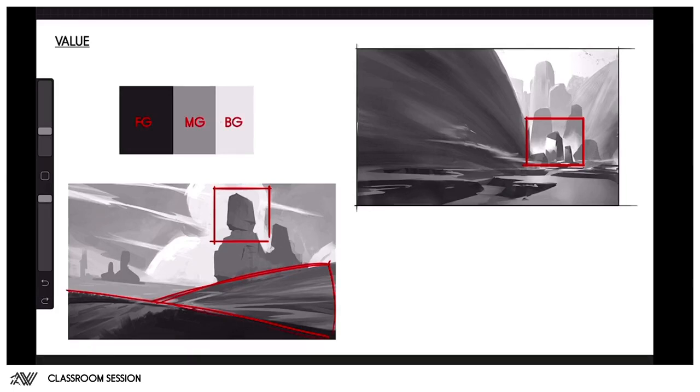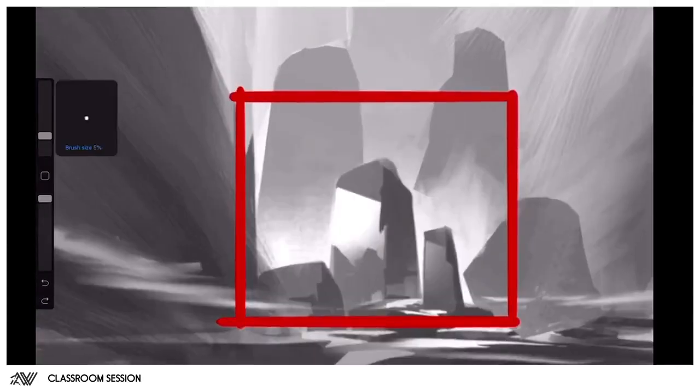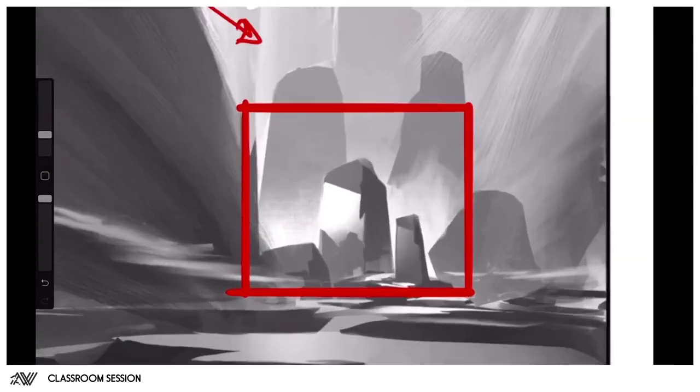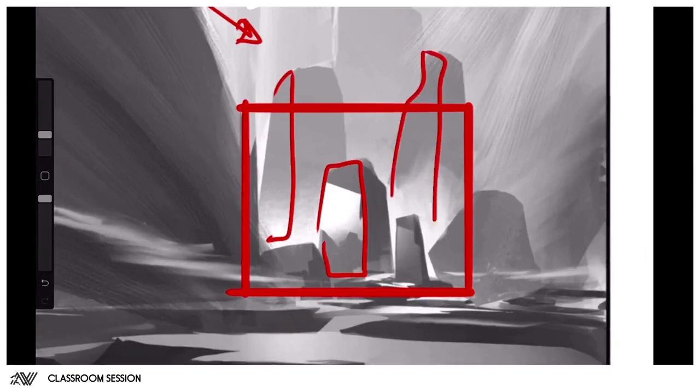Especially when it comes to light, a lot of beginners make the mistake of choosing their light source too realistically. For instance, a beginner might think, okay, I have light coming from behind the rock, so this will be in light, this will completely be in light, this will be in light, this will be in light. Because in reality, that would actually probably happen.